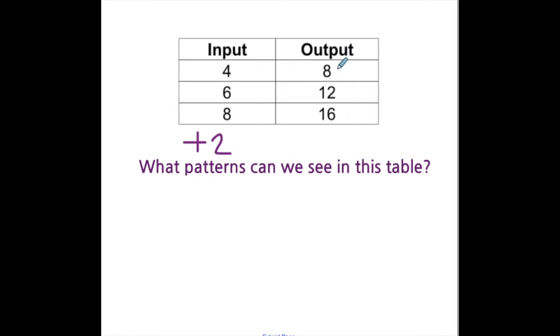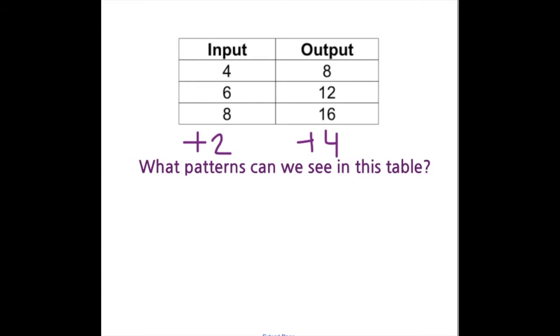In my output side, I can also see it is still increasing. 8, 12, 16. I can see here it is increasing by 4. So I'm going to write plus 4. Now this isn't the only part of the table I'm going to look at for patterns.